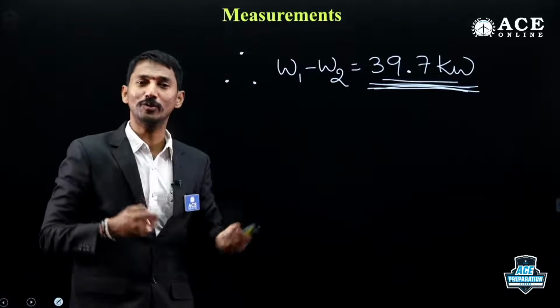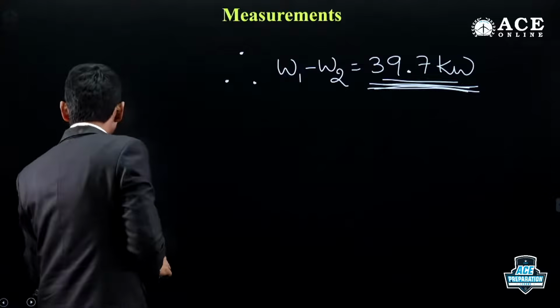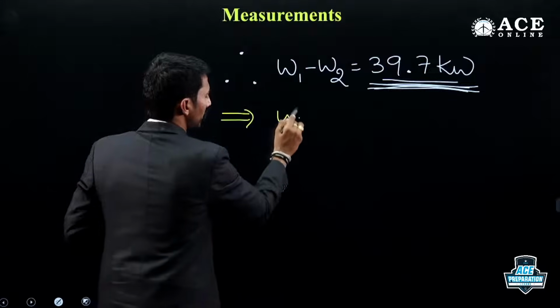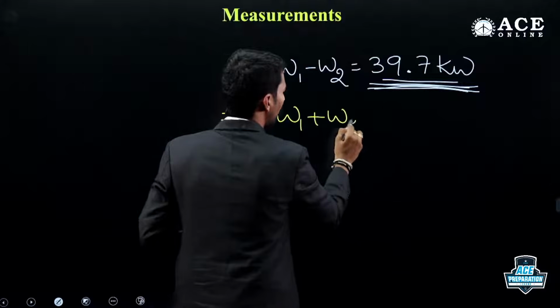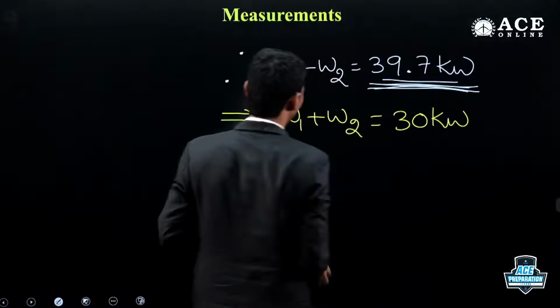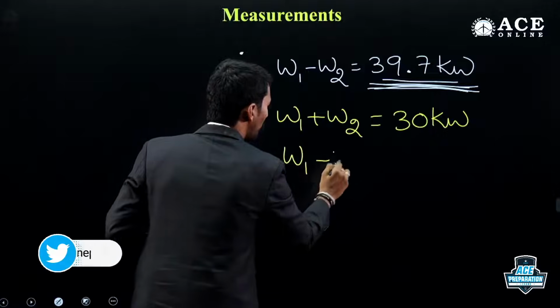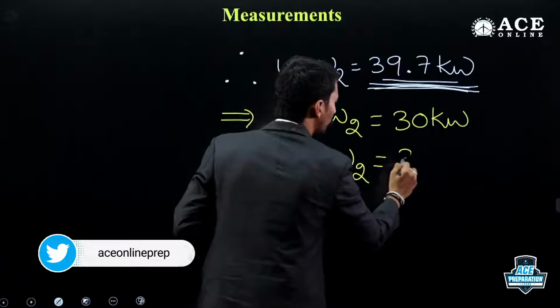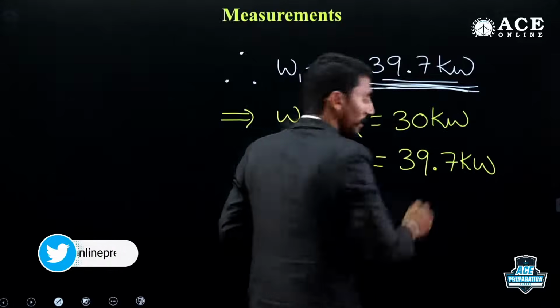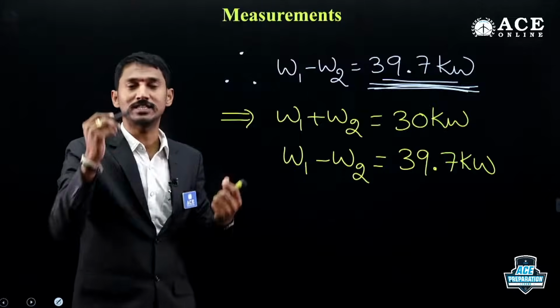Sir, after this, how to proceed? Don't get confused, very, very simple mathematics. W1 plus W2 is equal to 30 kilowatt and W1 minus W2 is equal to 39.7 kilowatt.